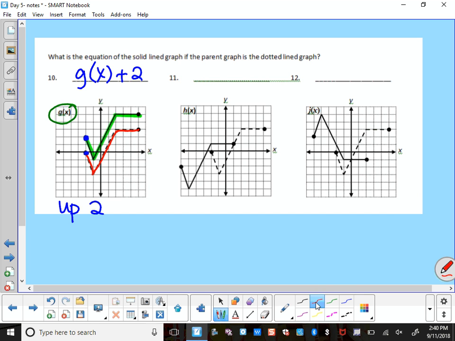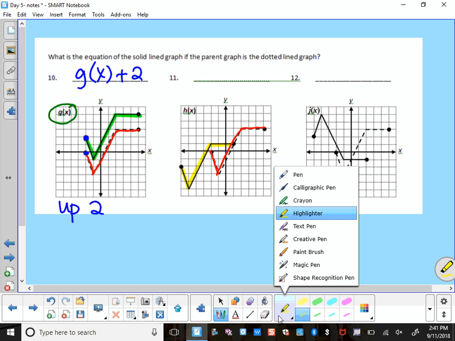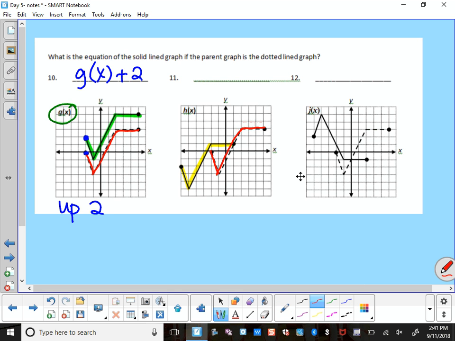Number 11, I'm going to bold my original graph, which is the dotted one. I want to see how do I get from my original graph to the highlighted graph. I'm going to just choose the first point just because it's a little easy for me to see.